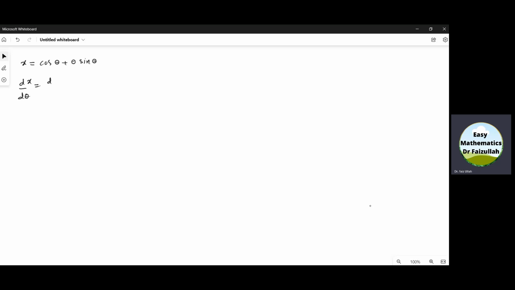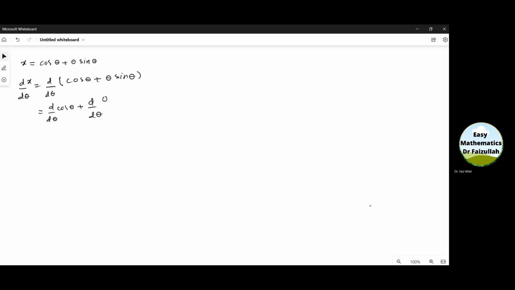So we have d by d theta of cos theta plus theta into sine theta, and this is equal to d by d theta of cos theta plus d by d theta of theta into sine theta.